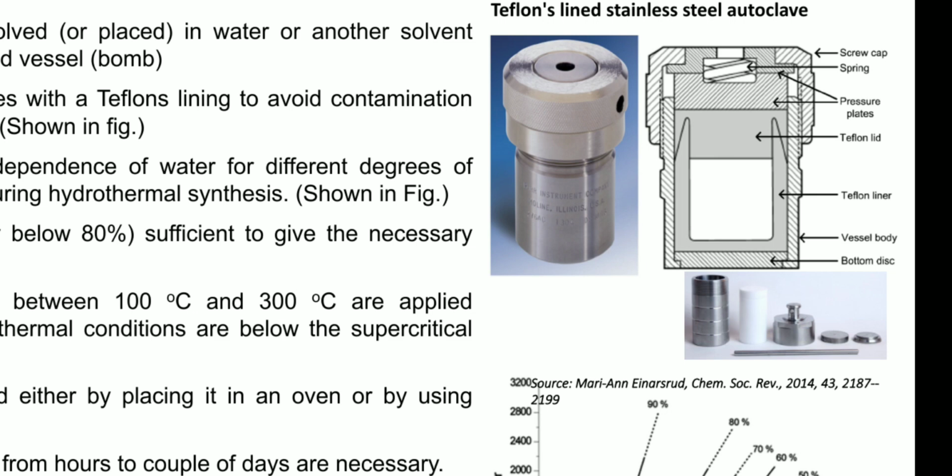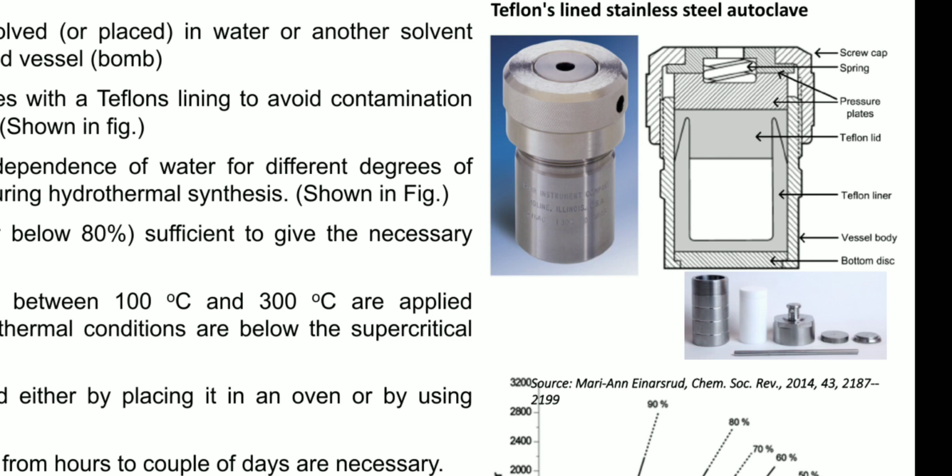This is a very common type of autoclave which is used for the synthesis of materials in most of the laboratories. The photograph represents how it looks, but on the right hand side you can see the schematic, where it contains several parts.